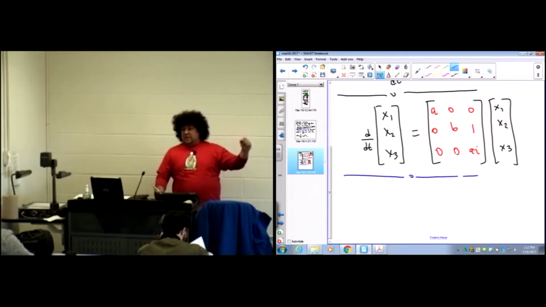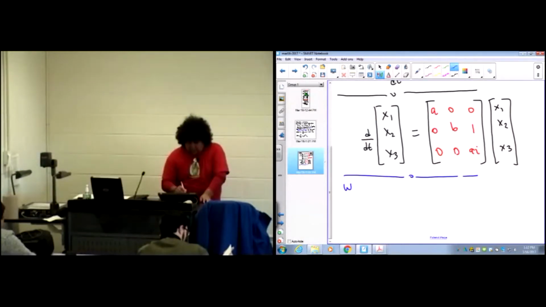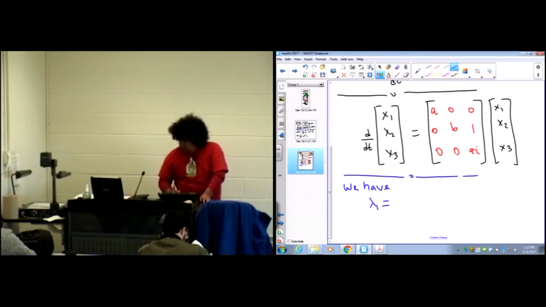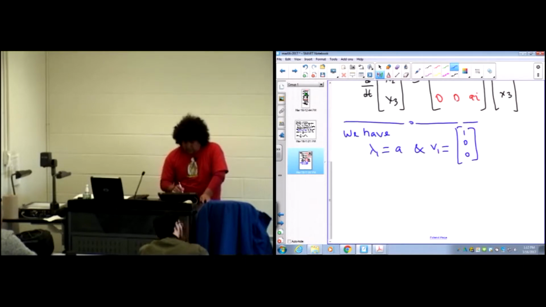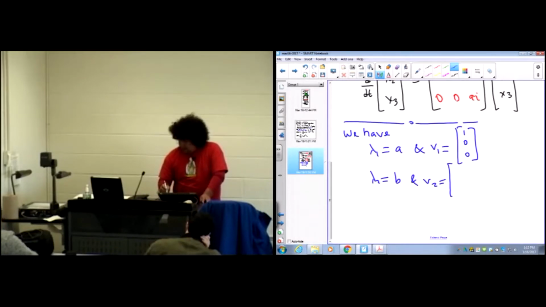Then lambda 3 is A times I, and we're going to write that V3 is (0, 1, AI minus B). Right, that was the last thing we did. We had multiplied the vector by the matrix, and we verified that that scalar times that vector is equal to that product.